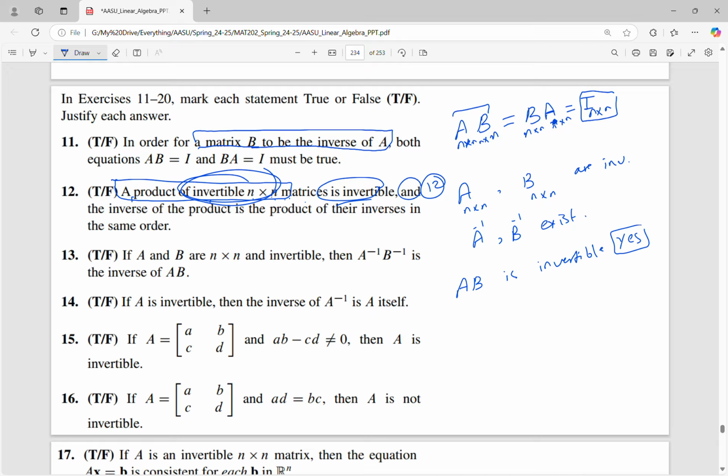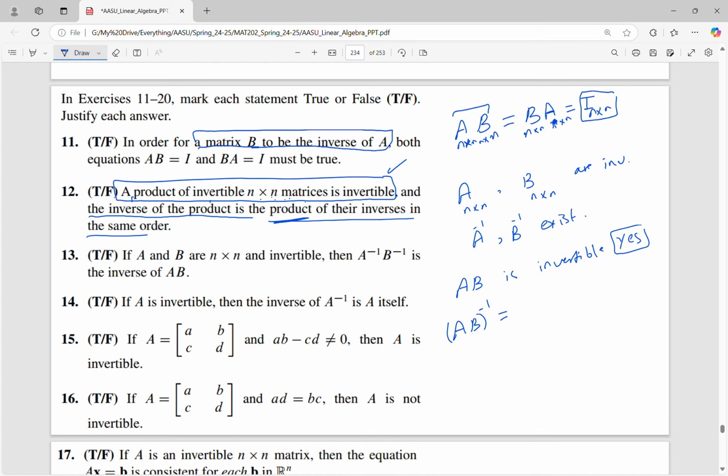Let's continue. And the inverse of the product is the product of their inverses in the same order. We need to understand the question. So please, again, this question has two things. The first part of the question is correct: the product of invertible matrices is invertible, yes. And the inverse of the product, so (AB) inverse, is the product of their inverses in the same order.